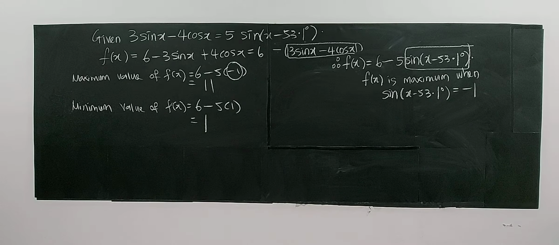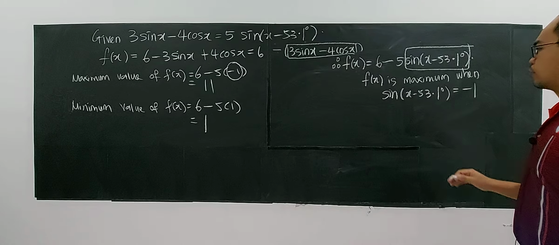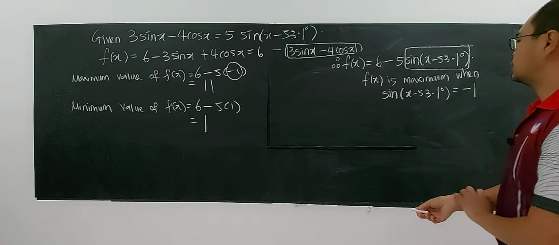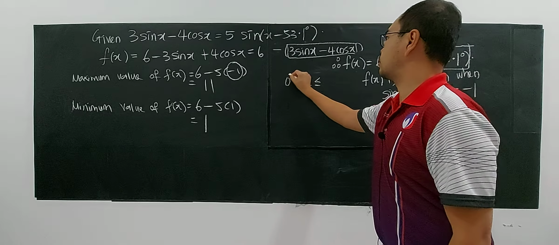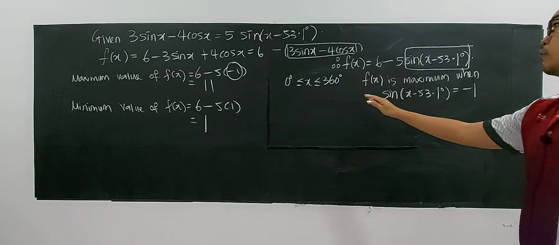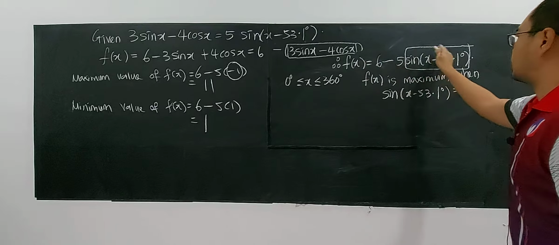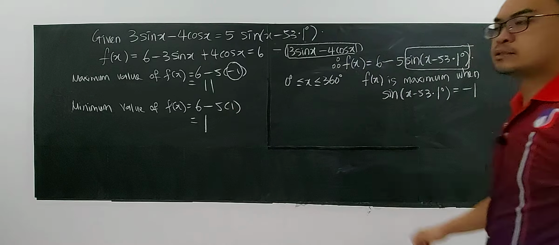So now you know that you're getting -1 from the sine of this one. The question is asking, what is the value of x within this range such that this f(x) becomes maximum? So maximum means this one is -1, right?